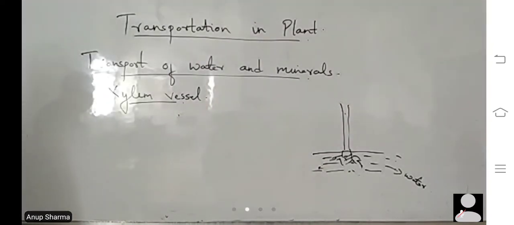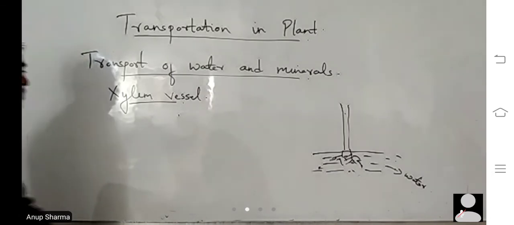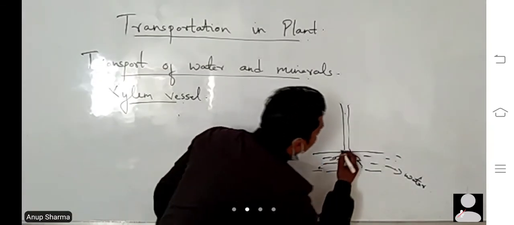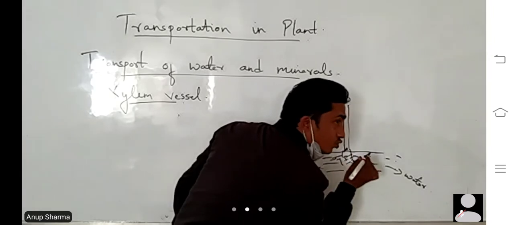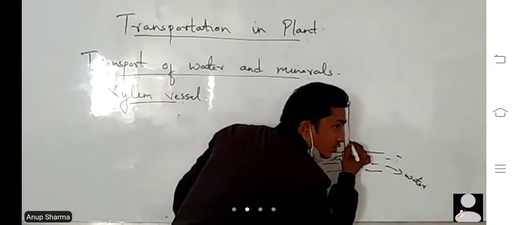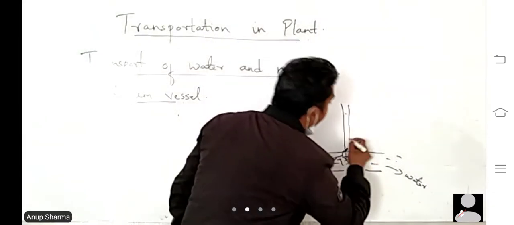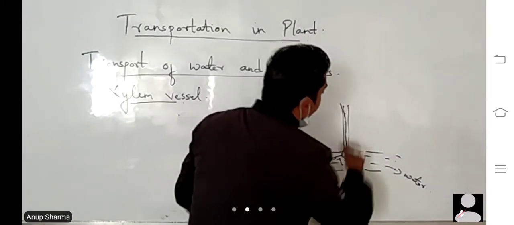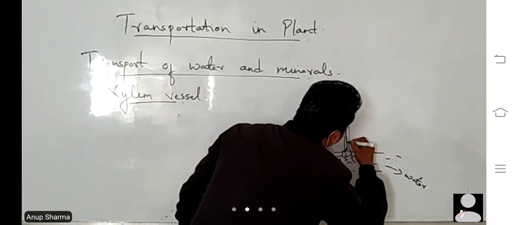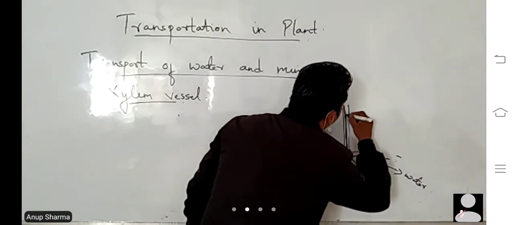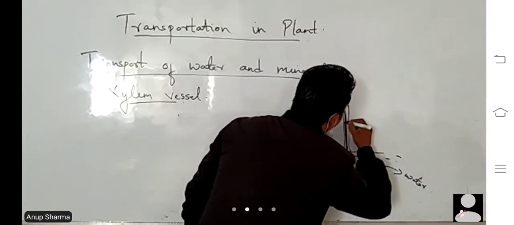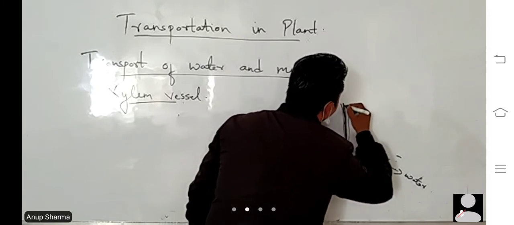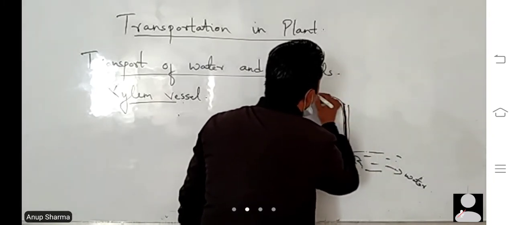Water moves from root hairs to the root tissue and then to xylem in the roots, through capillary action. And this xylem vessel, a pipe-like structure, transports the water and minerals to the leaves.